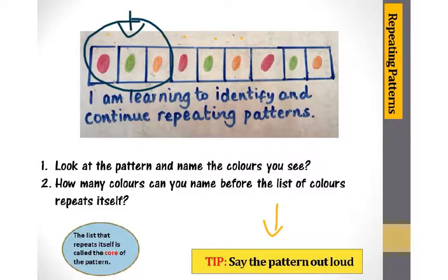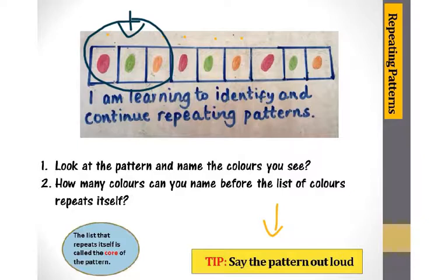And a repeating pattern should have a clearly identifiable core, so the shortest sequence that repeats. So we know that the sequence that we're repeating is pink, green, orange. What will come next? Pink, green, orange, pink, green, orange. So if I was to ask you to continue this pattern, what is the next colour you will put on?